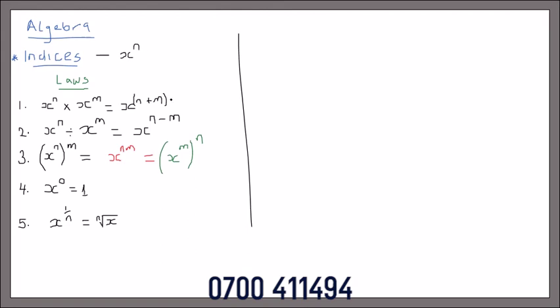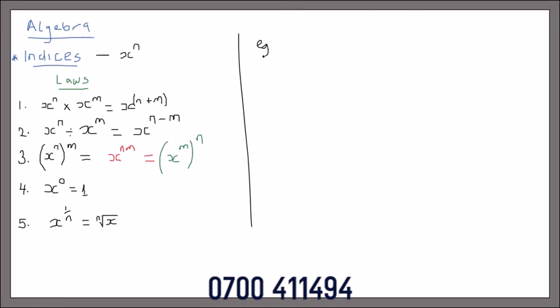So if we go back to our number 1, and you're multiplying two indices with the same base, x, but different powers, n and m, we can simplify this by considering only one base, because the bases are the same. Take x, then what do you do to the powers? You add them.